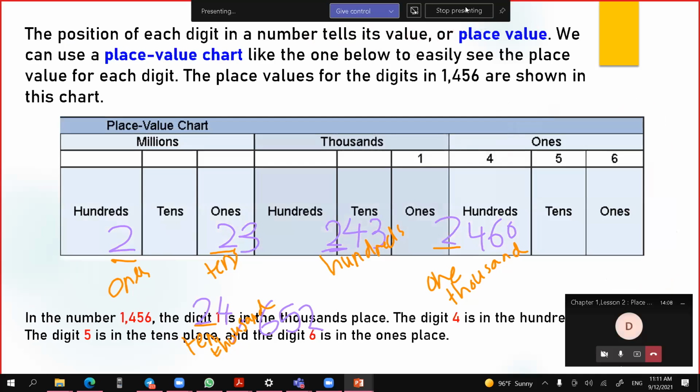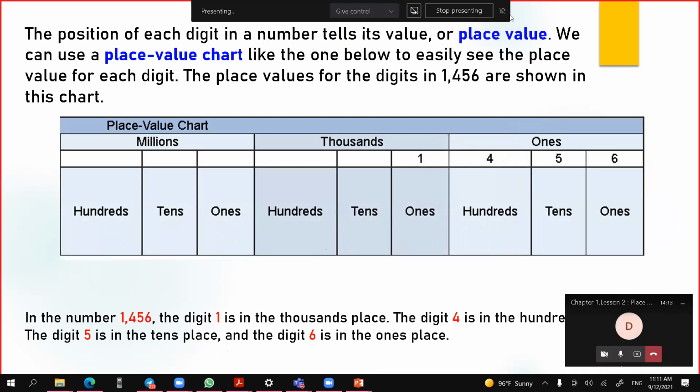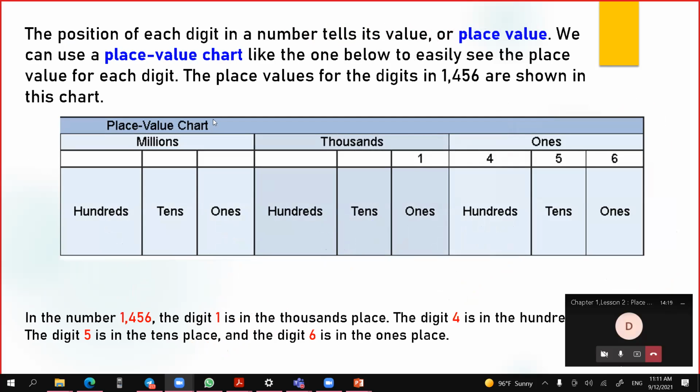So what are they telling me now? They tell me that if you want to understand a number, you need to understand its position or its place. Why do I need to understand its place? Because when I understand its place, I will understand its value.